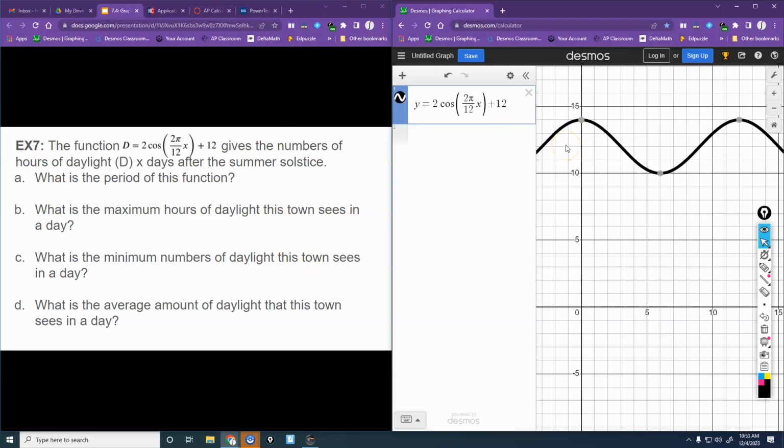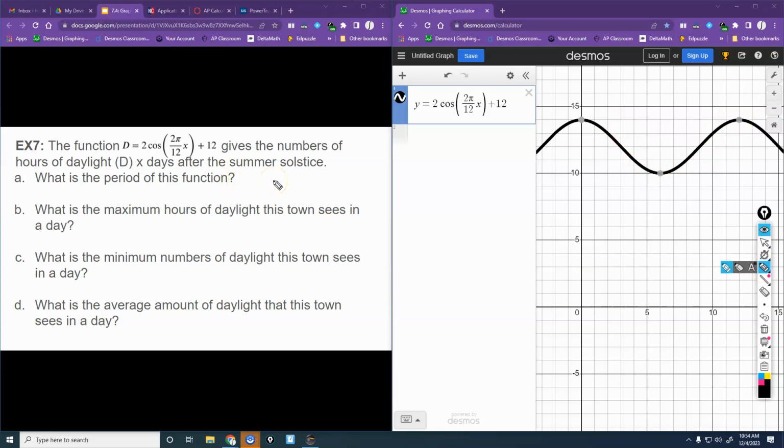You can do it from the graph or you can do it from the equation. From the graph, we start right here at a maximum point. We're going to start repeating when we get back up to that maximum point again. How far was that? From 0, 14 to 12, 14 is 12.